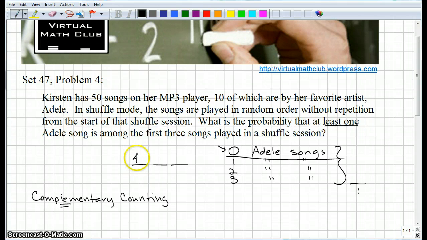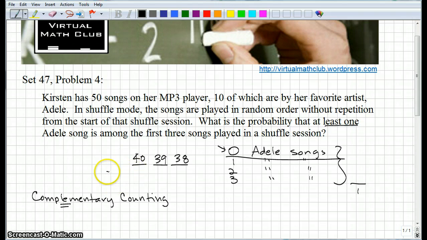So we have 40 choices for the first song if we don't want any Adele songs, then 39 for the second, and 38 for the third. Okay, and we're dealing with probability, so this would be the number of desired outcomes. In this case, the desired outcome is the complement. That's going to be our first step.